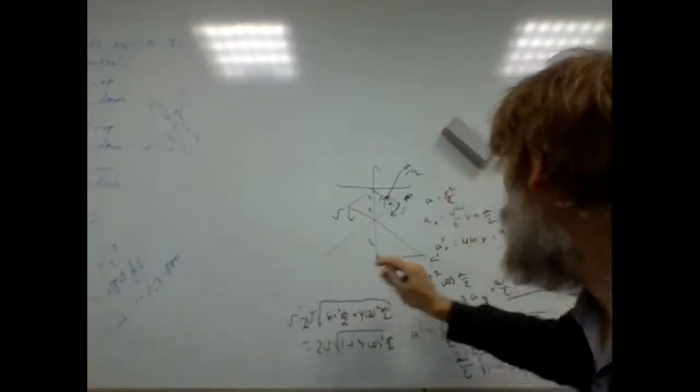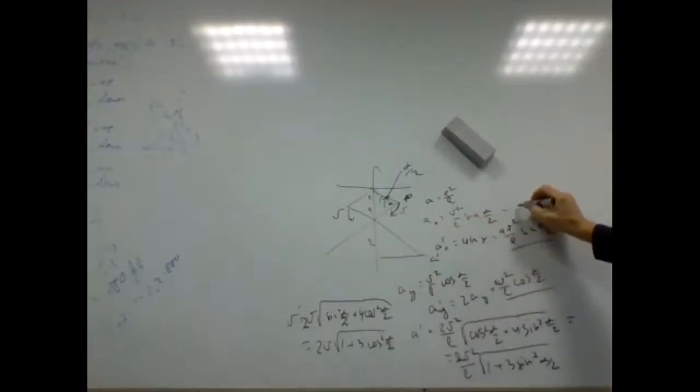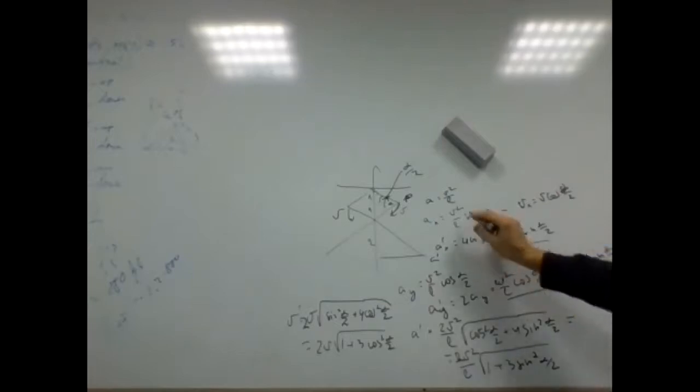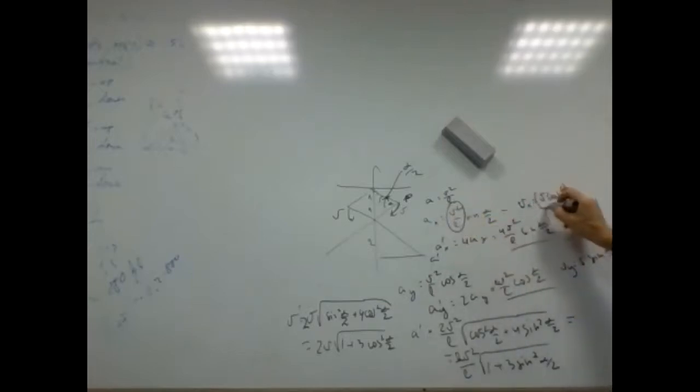Because if we have ax like that, we have vx equals v multiplied by cosine alpha over 2, and here we have vy is v times sine alpha over 2. We can see that here is v square, here is v, and here is sine alpha, here is cosine alpha over 2. And here is the same thing. Yeah, I guess here is 2.